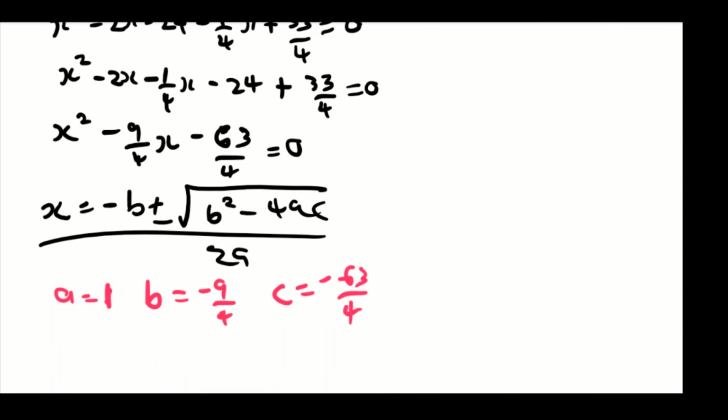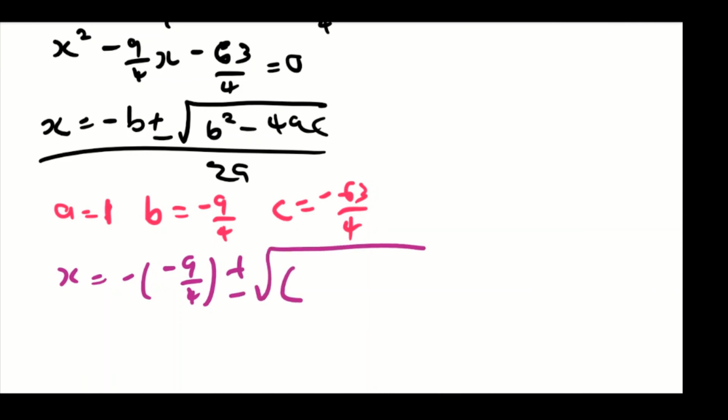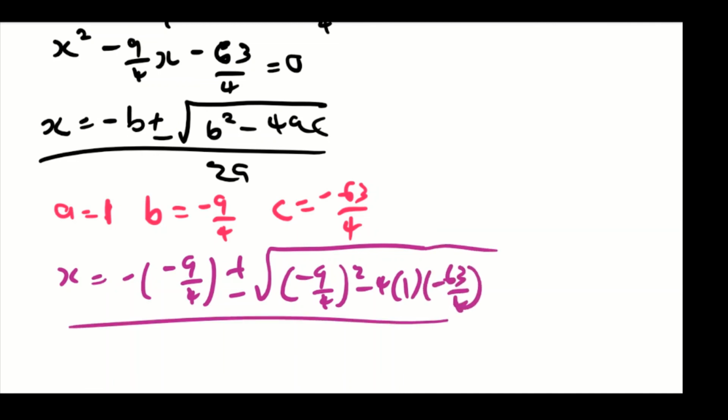Right, so substitute that into the formula: x equals minus, our b is minus 9 over 4, plus or minus the root of minus 9 over 4 squared minus 4. Our a is 1, our c is minus 63 over 4. Right, and we divide by 2 into 1.